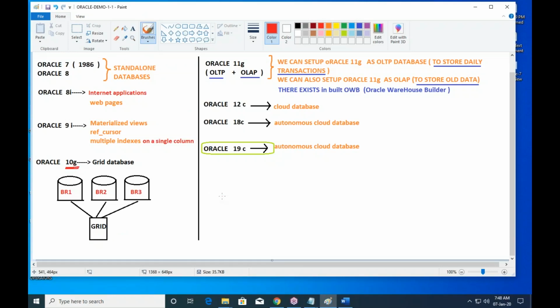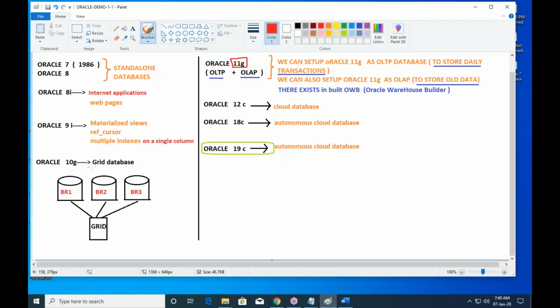Don't miss that. Okay, right. Now, hope you understand, guys. After Oracle 10g, they released Oracle 11g. What is 11g? It is also grid technology, but you can use the 11g database server as two types of RDBMS.